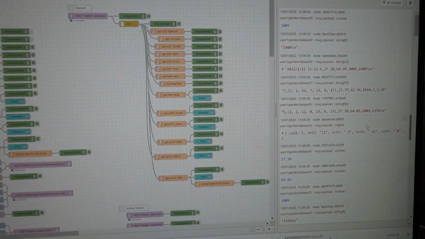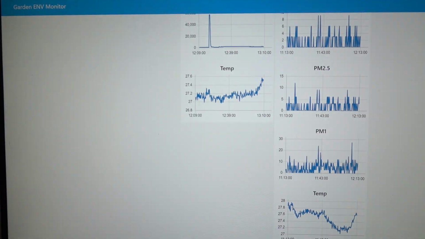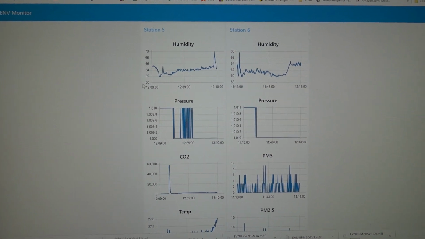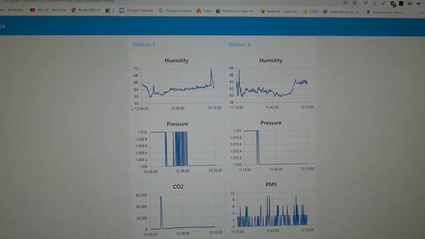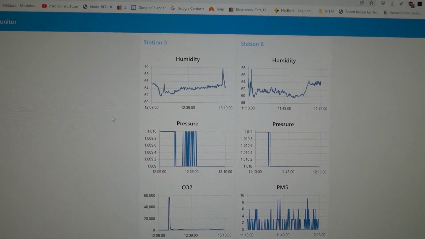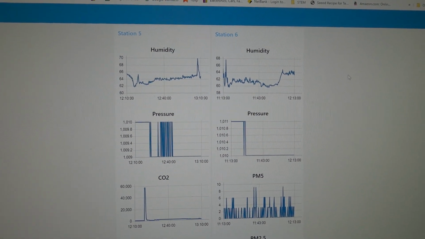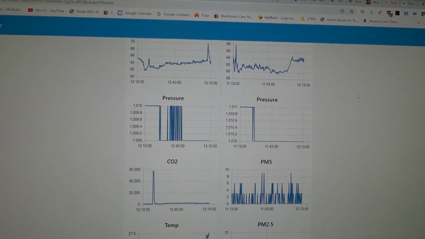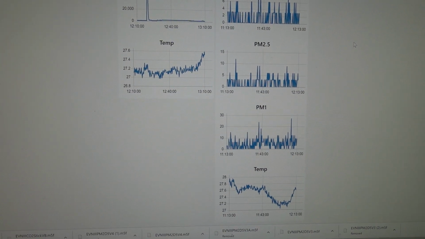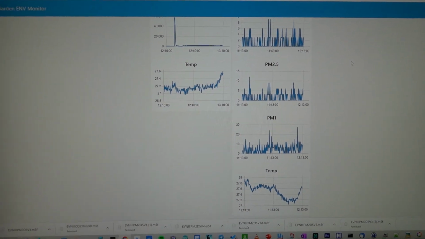So instead of looking at all these numbers, we can see the conversion of the data to graphs. So station 5, on the top we've got the humidity, pressure, and we've got the carbon dioxide, and on the right we've got station 6 with the PM values of PM5, 2.5 and 2. So you can see that station 5 and 6 also is measuring the temperature.